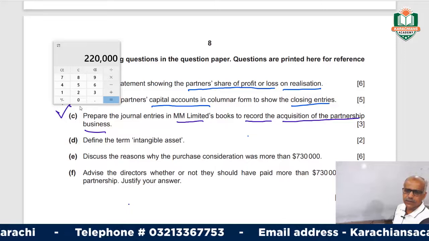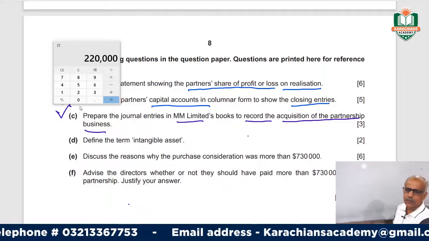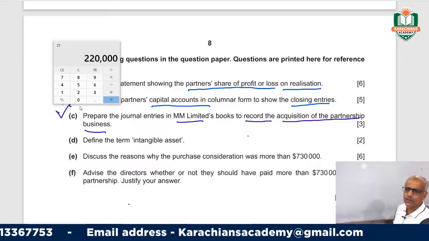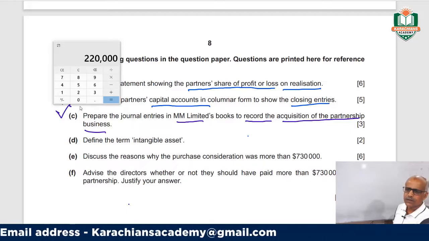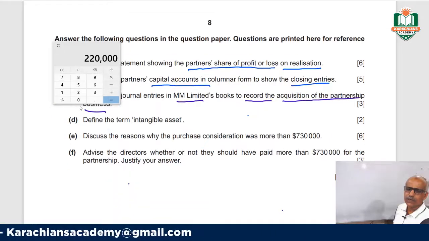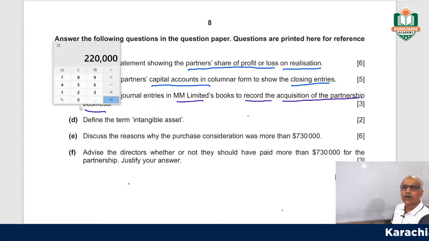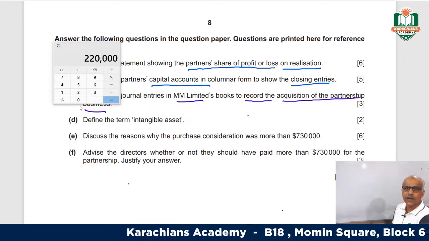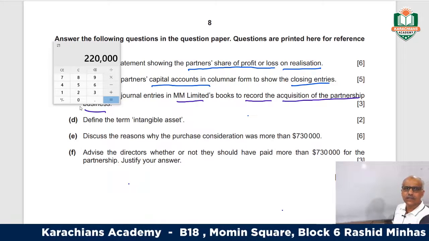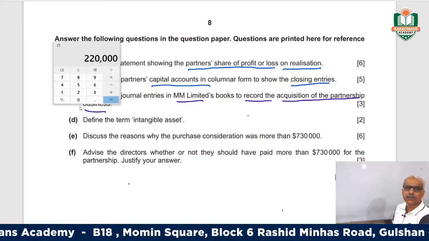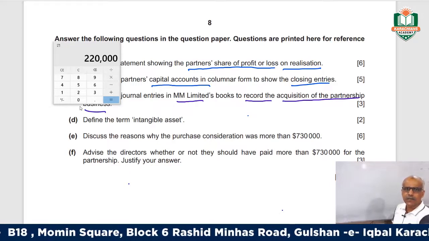In E, discuss the reason why the purchase consideration was more than 730,000. The purchase consideration was more because MM Limited realized that the partnership business has a very good standing in the market. They have a good customer base, a good supplier base, excellent employees, and very loyal customers.